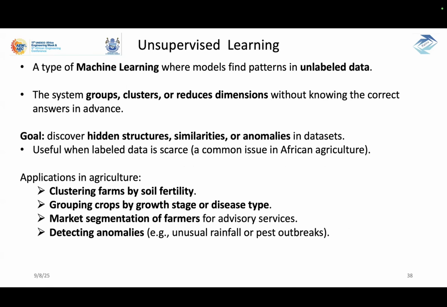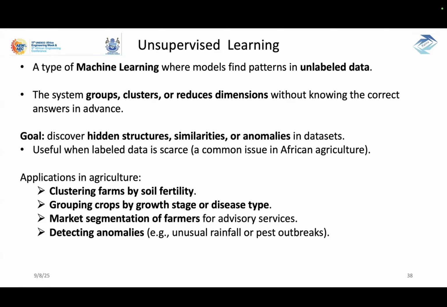The next method that's using machine learning is called unsupervised learning. This is a type of machine learning where your models find patterns in unlabeled data. You don't feed anything, you just give your data, the information, and the system groups or clusters or reduces all these by themselves.